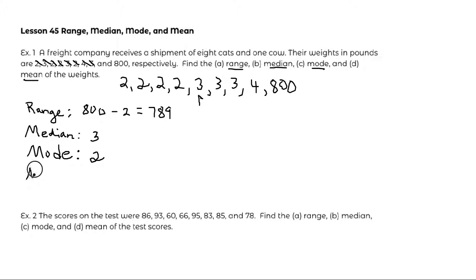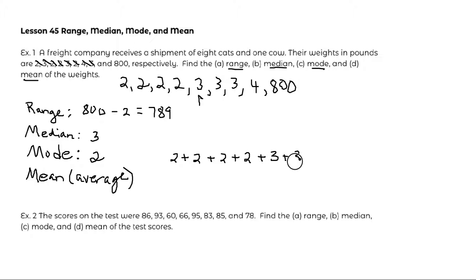And then finally, the only one that really takes a lot of work is the mean, which is the same thing as the average. So to find the average of numbers, you're just going to add them all together. 2 plus 2 plus 2 plus 2. You can use your calculator for this. 3 plus 3 plus 3 plus 4 plus 800. And you divide it by the total number of items.